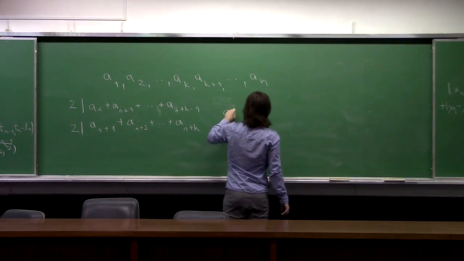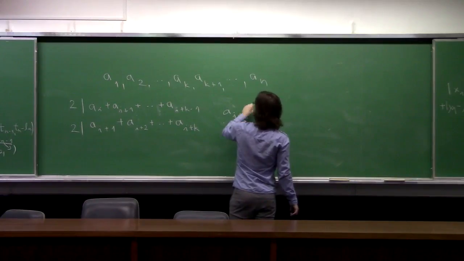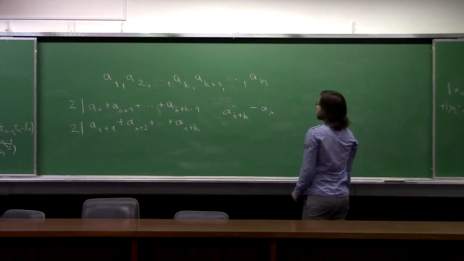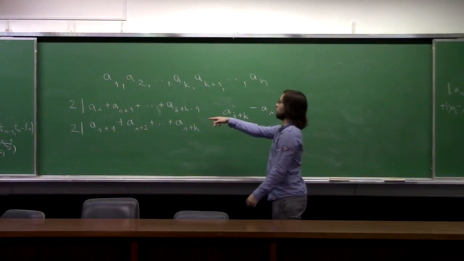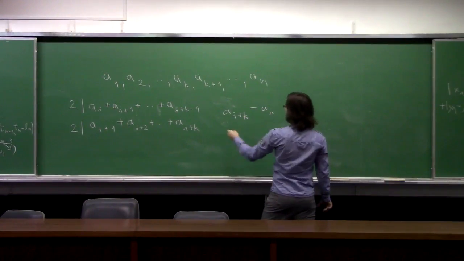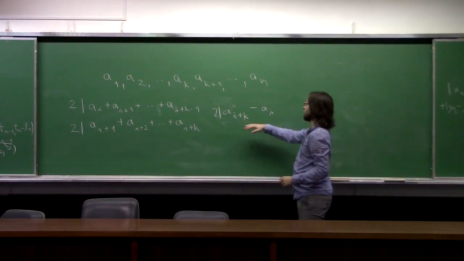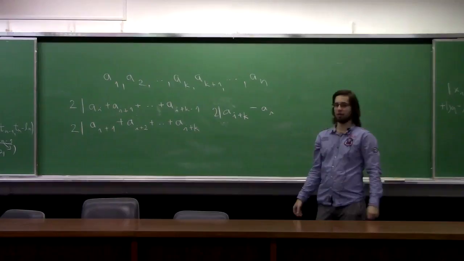So A(i+k) minus Ai should also be divisible by 2. So the parity of A(i+k) and Ai should be the same.